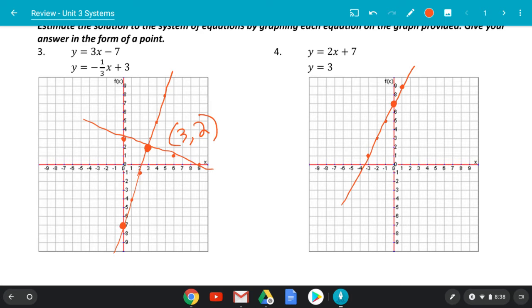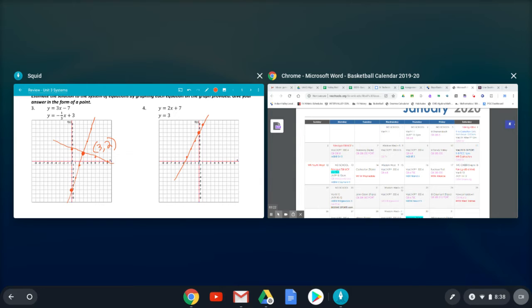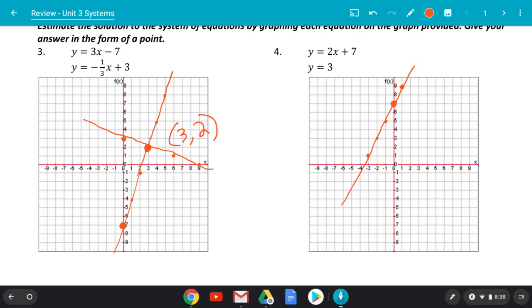And then the other one is a funky equation. How many people think that one's hinky? Yeah, a lot of hands went up. Another way to write this equation would be y equals 0x plus 3. Do you see that? But I wouldn't ever write 0x, would I? That's just kind of silly.